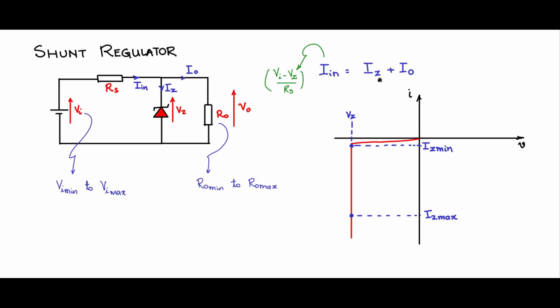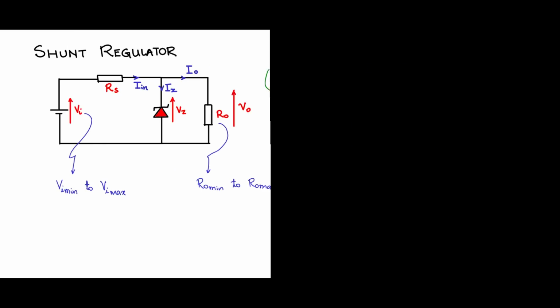So it is Iz that is adjusting its value. The regulation happens because of the capability of the Zener to take varying currents through it at a constant voltage. The Zener current can vary from Iz min to Iz max depending upon the value of the load.